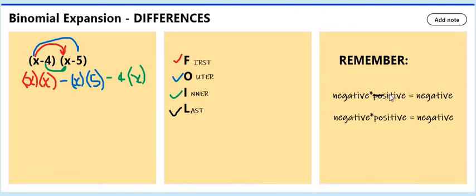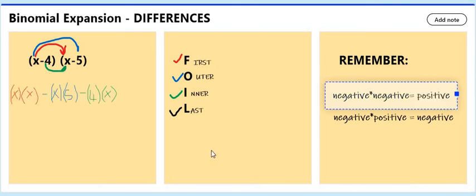This should be negative times negative. So a negative times a negative gives us a positive. I had duplicated the same thing. I wrote the same thing twice.